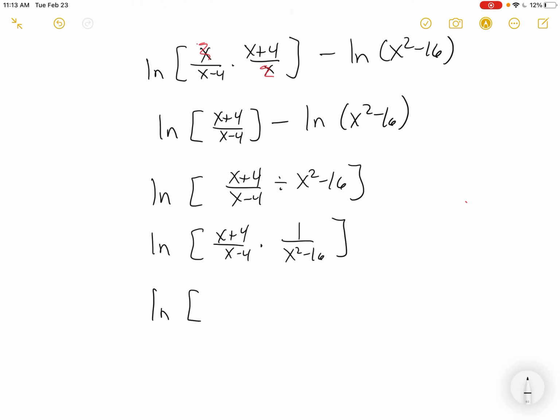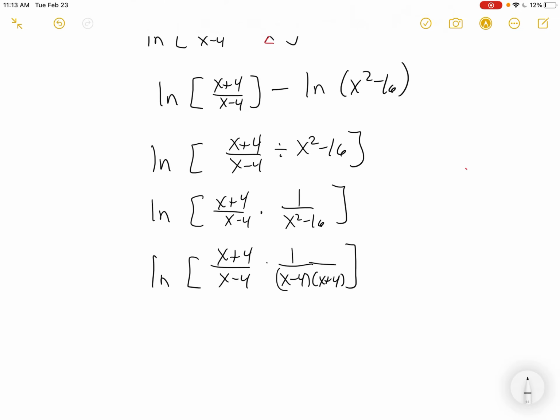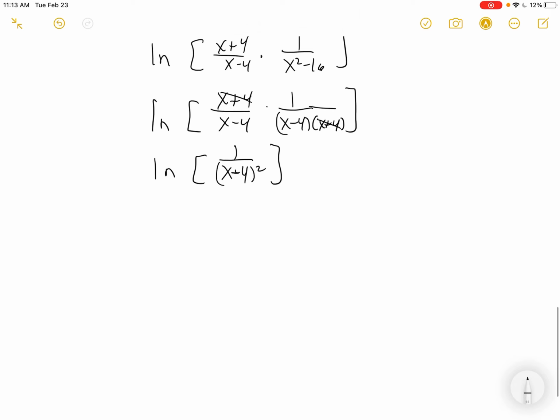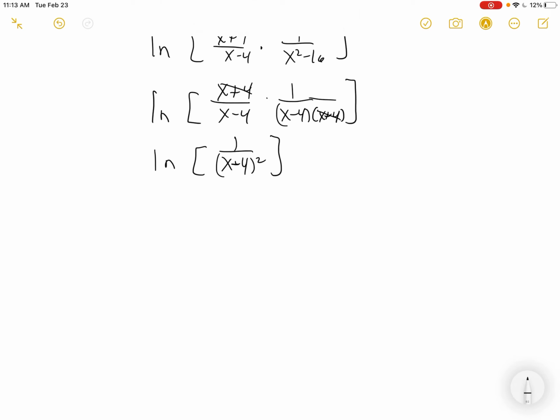I remember too that we need to simplify, as you will too. And then I would simplify by crossing out these guys right here, the plus 4s. And what are we left with? Ln of 1 over x minus 4 to the second power. That's what that guy looks like. Way more simple than that split apart thing, right? And sometimes that can help us.